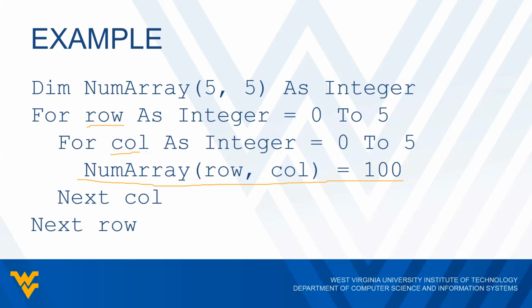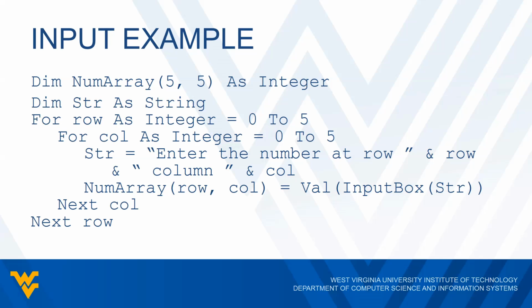So then we would set num_array 2, 0, 2, 1, 2, 2, 2, 3, 2, 4, 2, 5, all to 100. So we would just keep repeating this until both row and col would be 5. That would be the last element of the array, and then by then all the elements in our two-dimensional array would be 100.